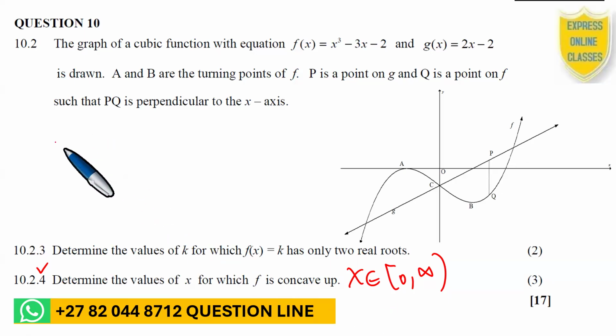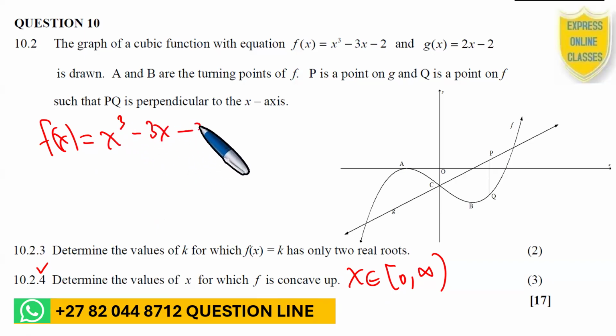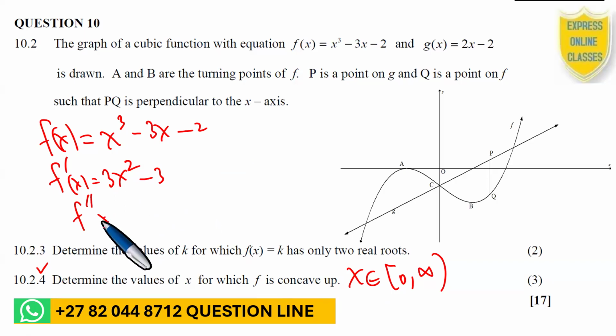Okay, obviously to do that one, we must start with the graph itself, which is x cubed minus 3x minus 2, whose derivative is 3x squared minus 3. You must find the second derivative, which is exactly 6x, and then say it is bigger than 0.